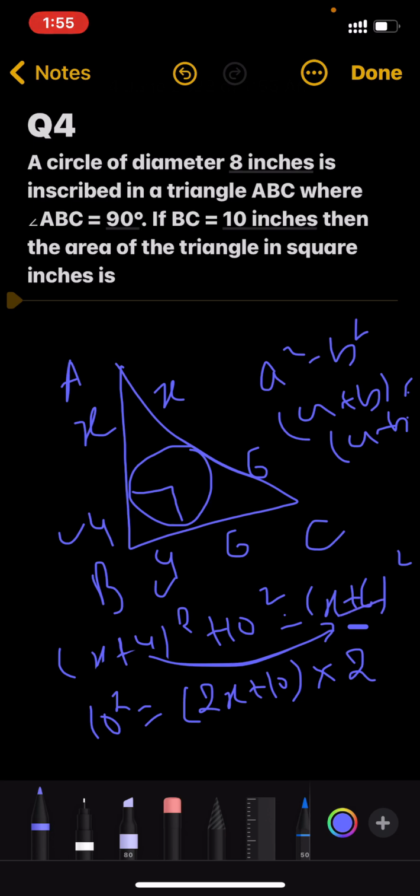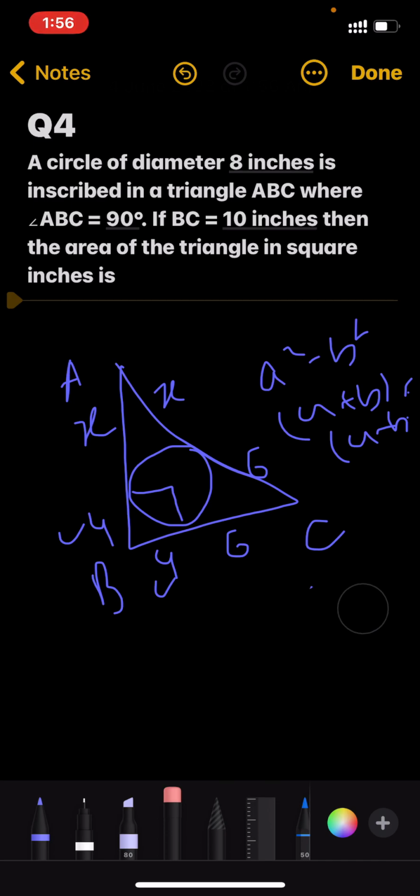So x plus 6 minus x plus 4 will be nothing but 2, and 2x plus 10. We can take out a common 2, so we can write 5 over here. Again this gets cancelled, so x plus 5 equals 10, so x equals 5. So x came out to be 5.